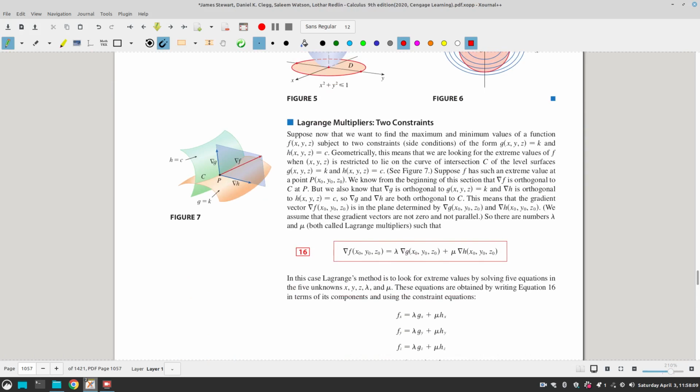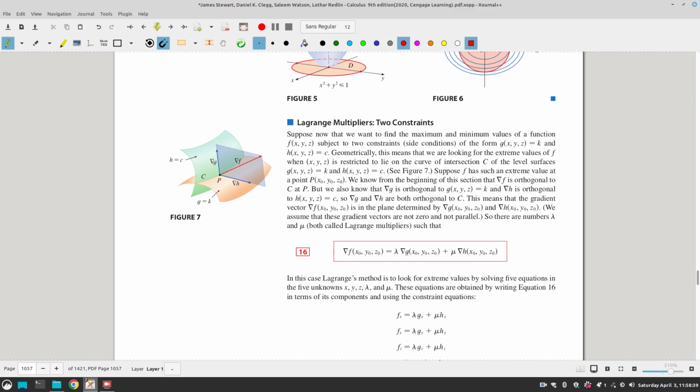So suppose that we want to find the maximum and minimum values of a function f of x, y, z subject to two constraints, g of x, y, z equals k and h of x, y, z equals c. Now these two are surfaces, right? And the maximum value of f is on the curve of intersection of these two surfaces.